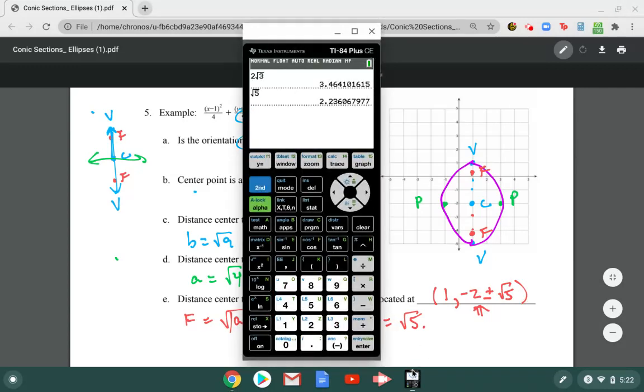Okay, again, this is kind of nice if you want an exact answer, but we can also put this into the calculator. So we can go negative 2 plus radical 5, and that's going to be the upper focus, 0.2. And then let me just grab this and change it to a minus in between, minus. So we have negative 4.2 and 0.2.